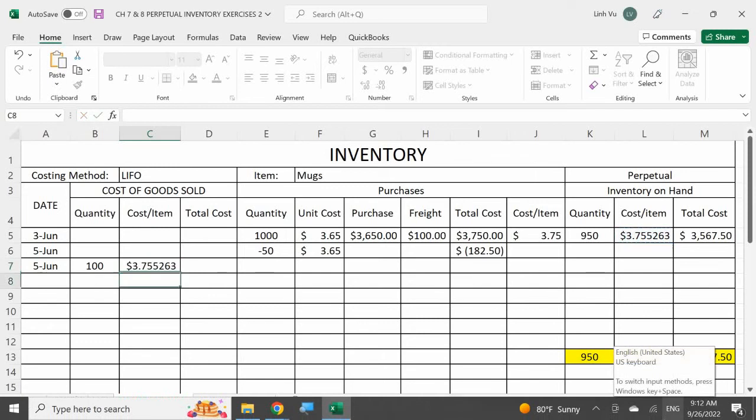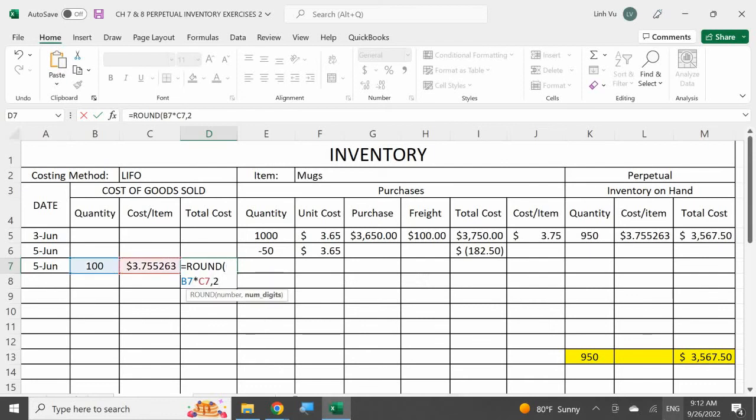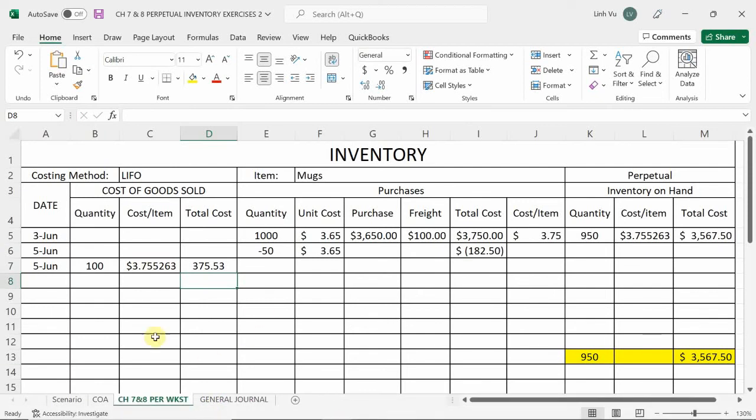Yes. Okay. So in this case, how much is it going to cost me to sell 100 units at 3.755263? $375.53. Good. Right?